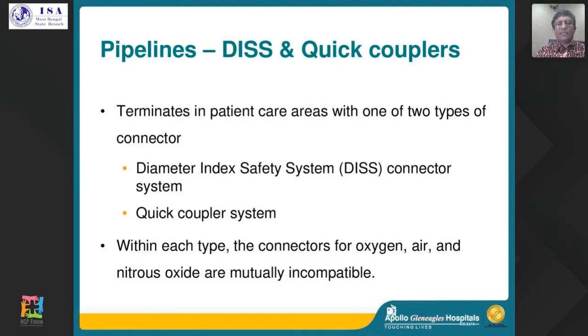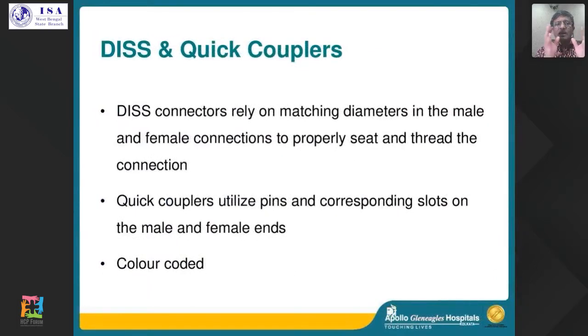Within each type, the connectors for oxygen, air, and nitrous oxide are mutually incompatible. That's another safety feature. The DISS relies on matching diameters in the male and female connectors to properly seat and then thread in, but the quick couplers utilize pins and corresponding slots on the male and female ends, and these are color coded.